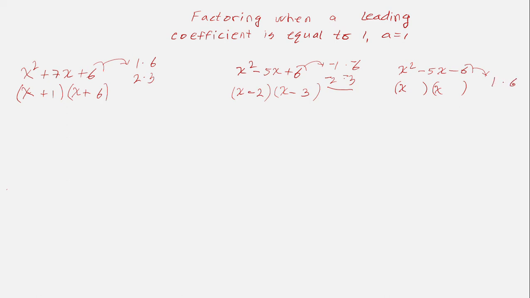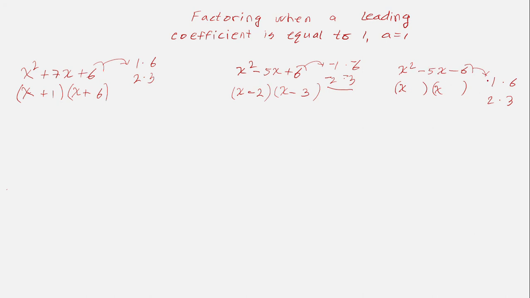So it's 1 times 6 and 2 times 3. But what we need to remember, this is a negative number. If it's a negative number, then one of these factors has to be negative, one needs to be positive. So now we need to figure out which combination when added together will give us negative 5.